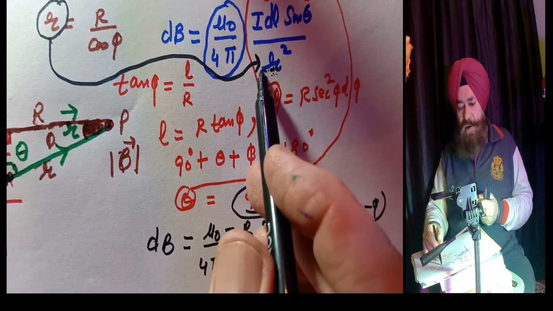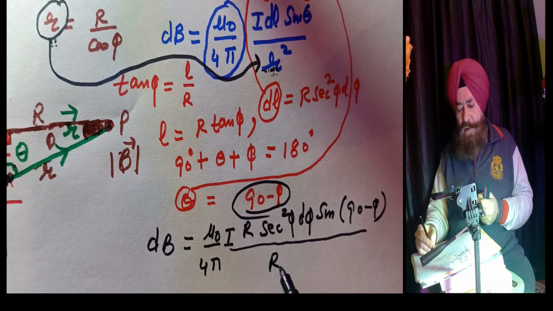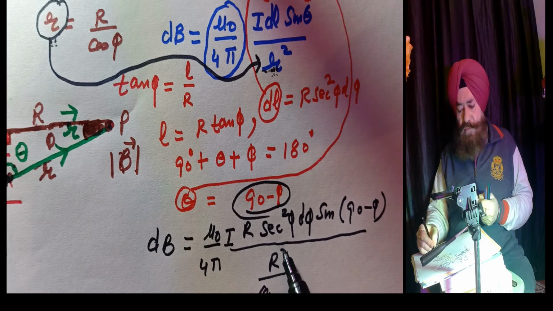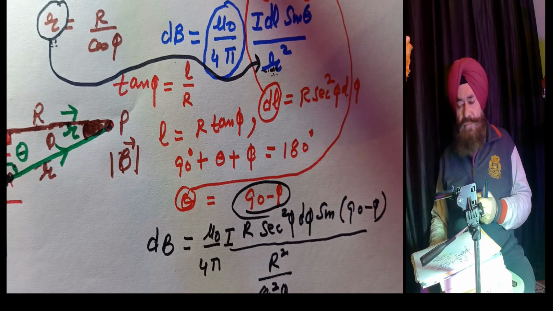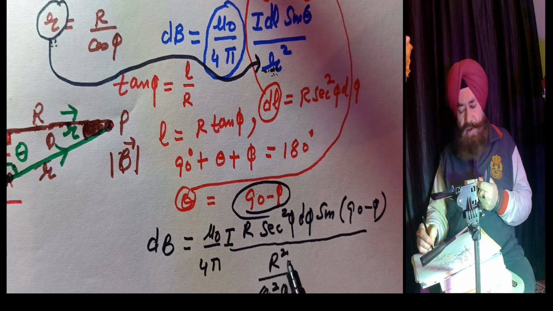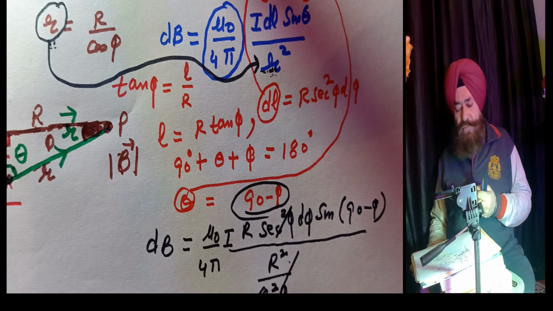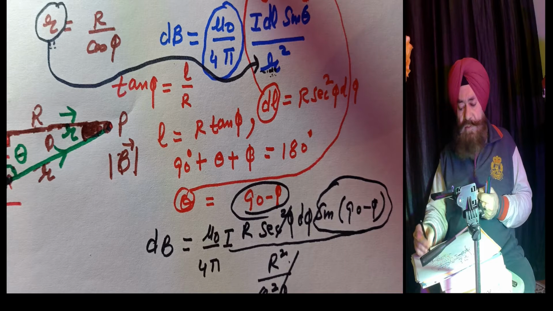And instead of r square, I'm writing this r as R upon cos phi, so this is R square cos square phi. Now this 1 over cos square phi is secant square phi, so this cancels with this, right? And sine of 90 minus phi becomes cos phi.